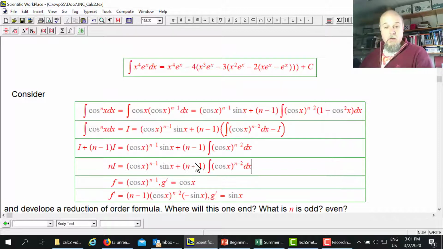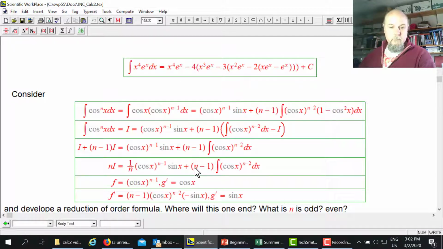I'm almost done, because now what I want is I equals, right? So let's divide everything by n. There's my I equals.